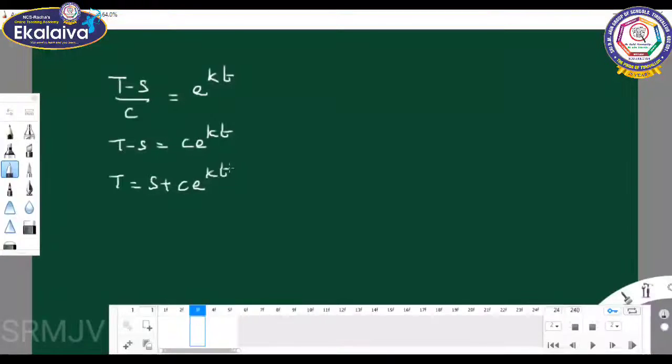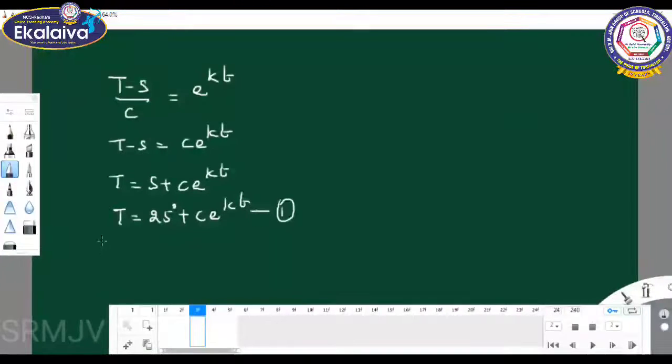The room temperature is constant, S equals 25 degrees C, so T equals 25 plus c e power kt. Take this as the first equation.